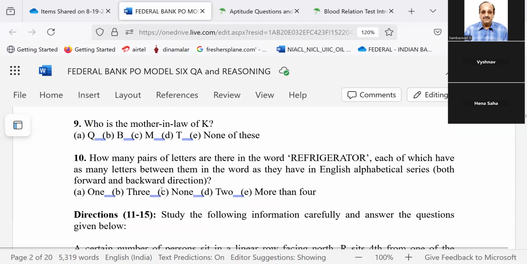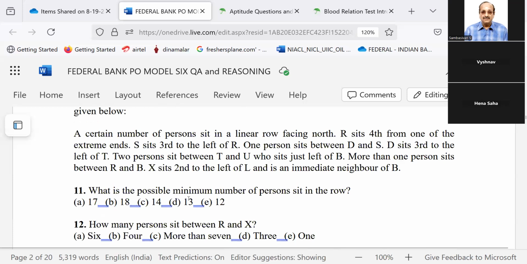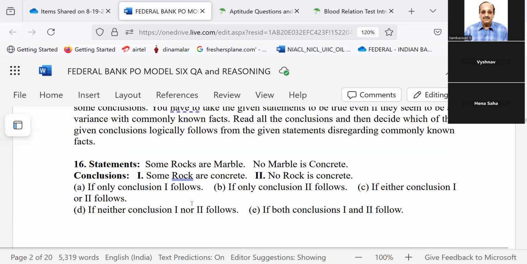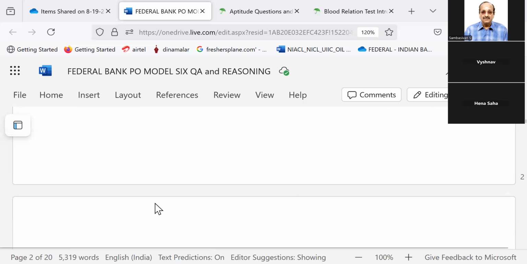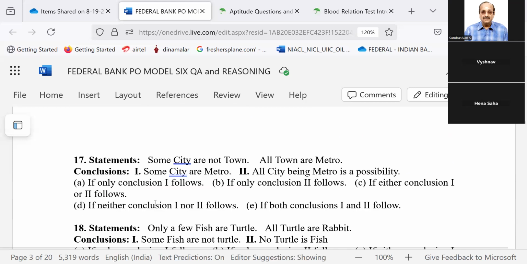Then this type of questions. One day we did some pairs of letters, between alphabet. This type of question. Then puzzle. Then problems like statement conclusion. Direction also will be there.